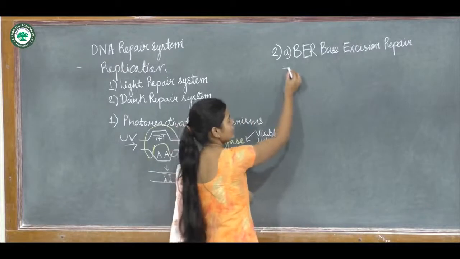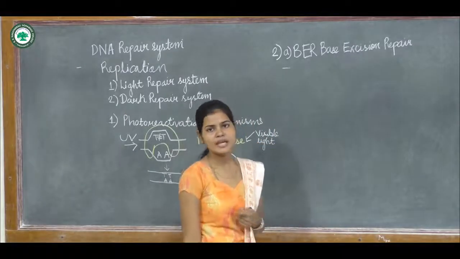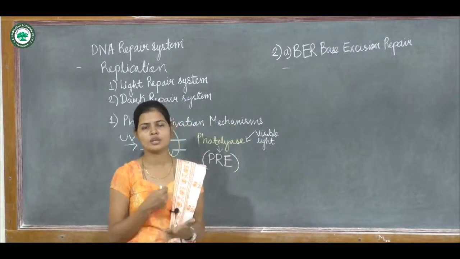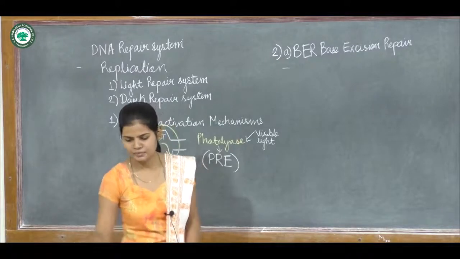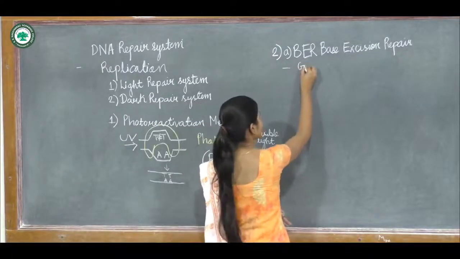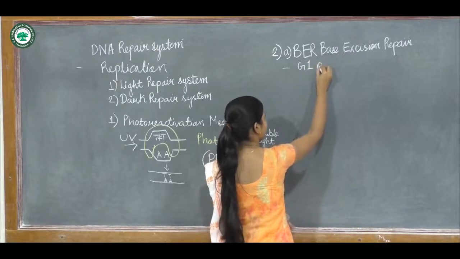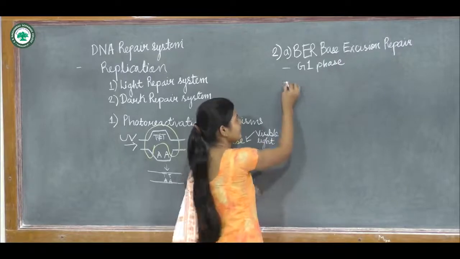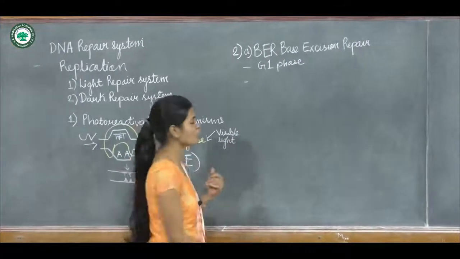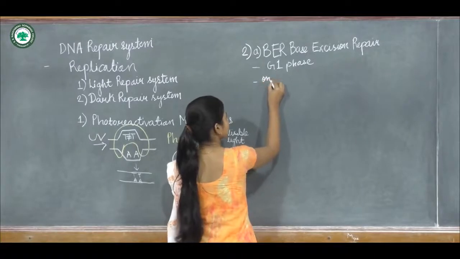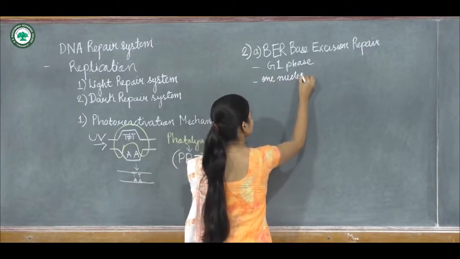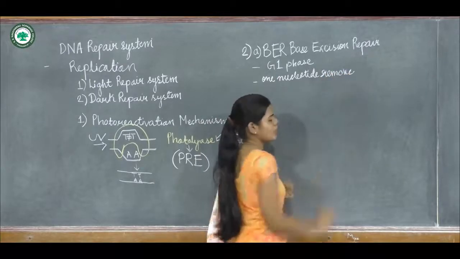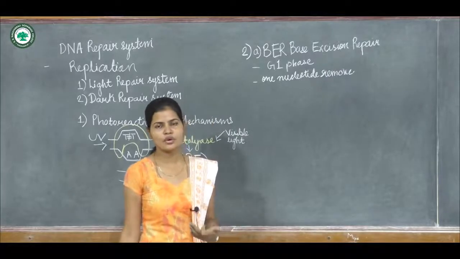It occurs with the help of an enzyme which will remove the wrongly incorporated nucleotide. Here it will occur in the G1 phase of the cell cycle, and there is removal of the one nucleotide which is wrongly incorporated.